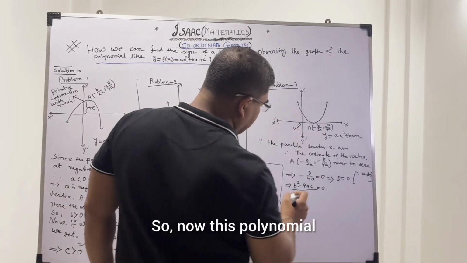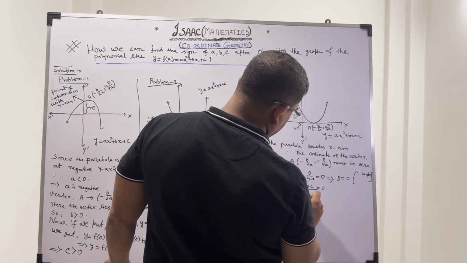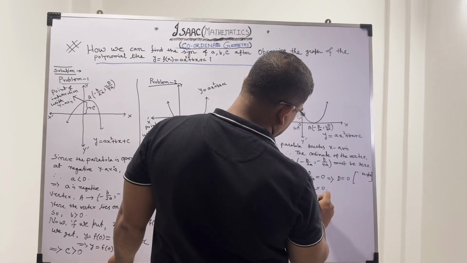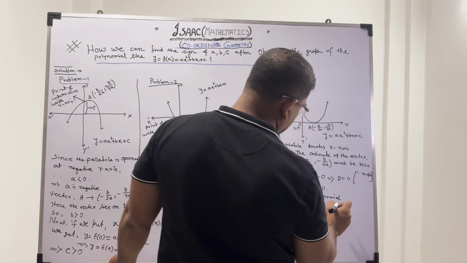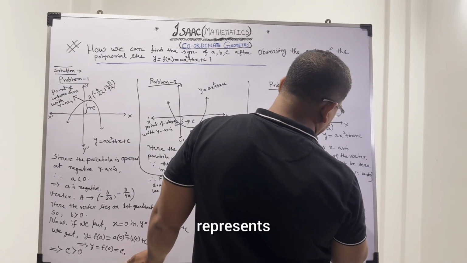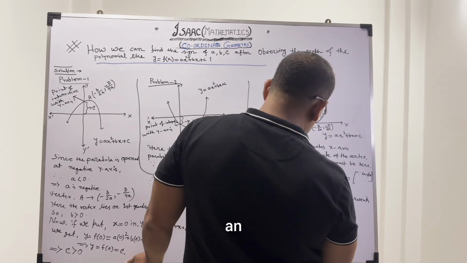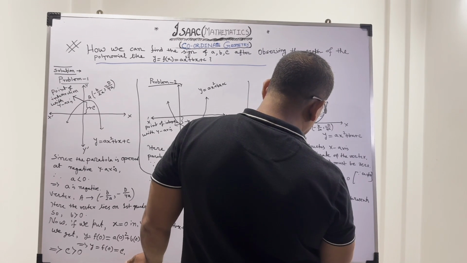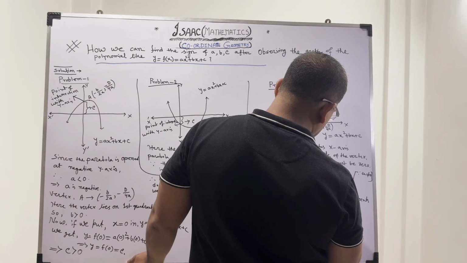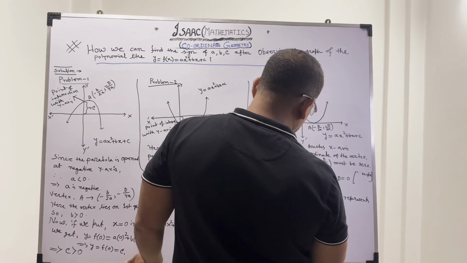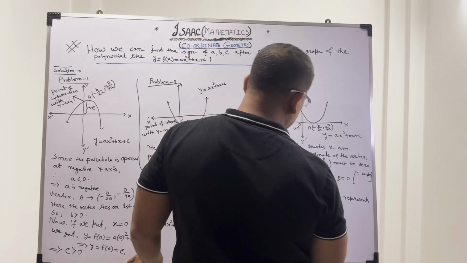Now this polynomial represents an upward parabola. So therefore a is greater than 0.